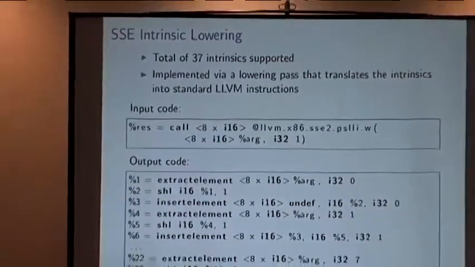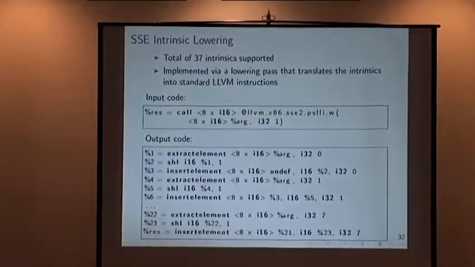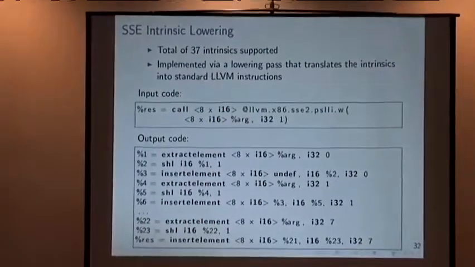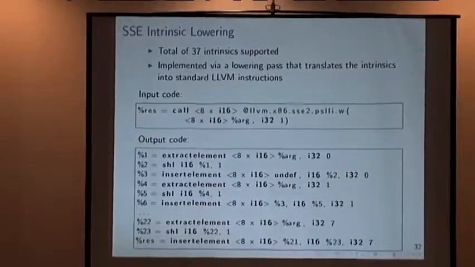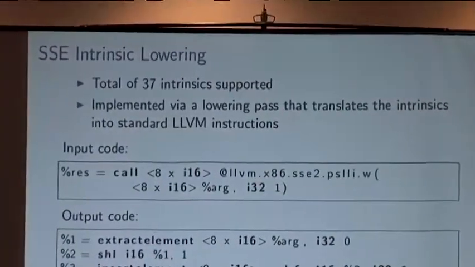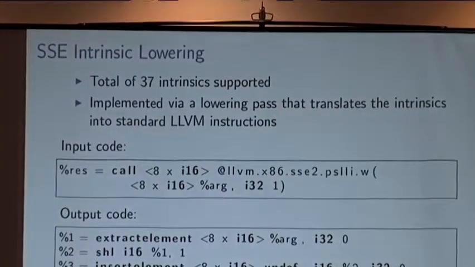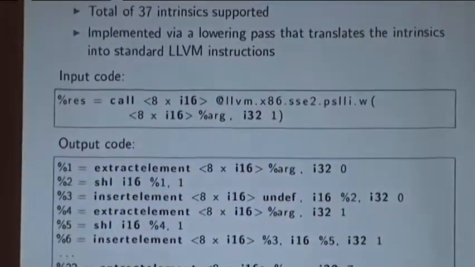So intrinsic lowering, this was how we handle SSE instructions. Out of however many SSE instructions there are, we support 37 of those. We implemented it using a lowering pass that translates the intrinsics into standard LLVM.